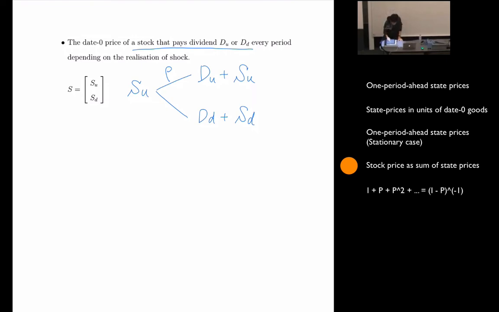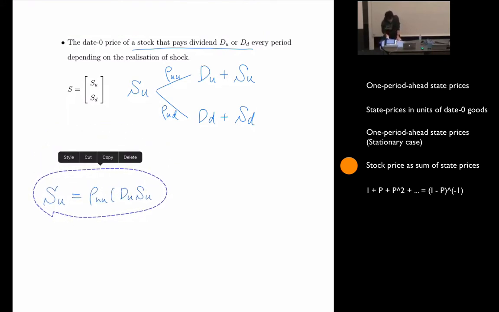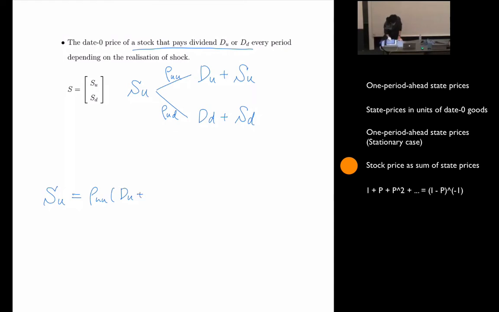The state prices are rho UU and rho UD. So the price of this stock is rho UU times DU plus SU, plus rho UD times DD plus SD.